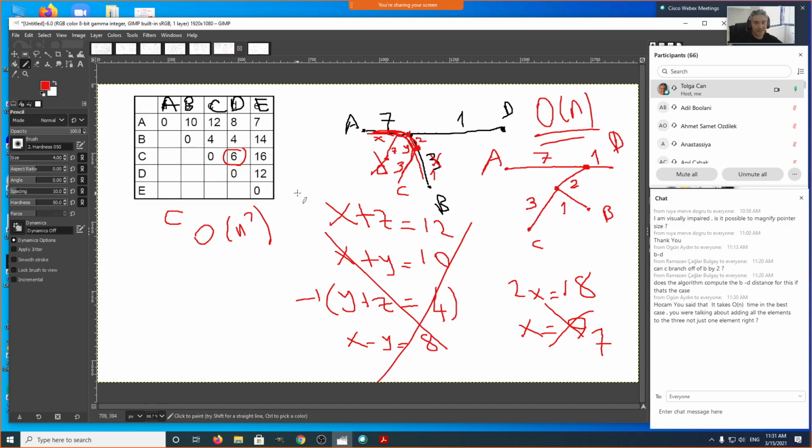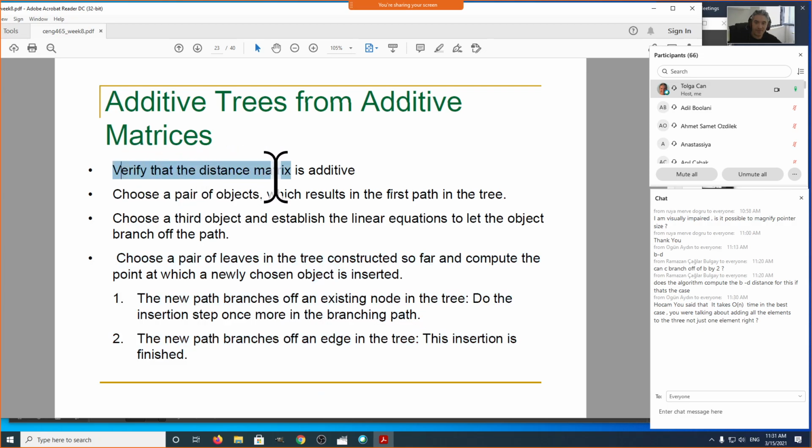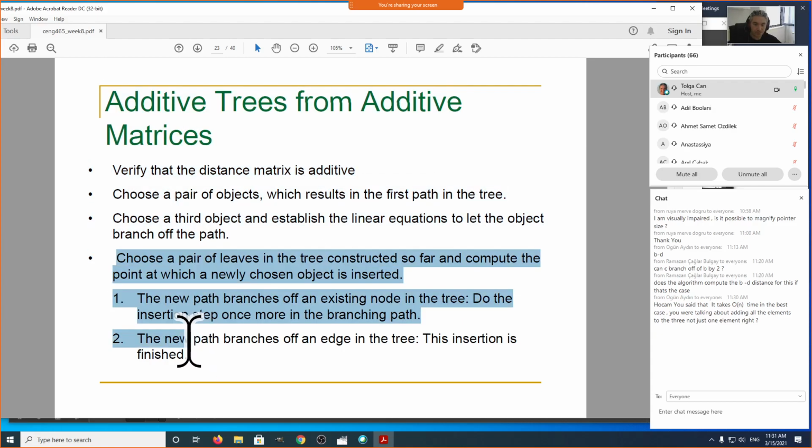I'm talking about the best case of this loop, when the first step is O(n) cube already. It's going to take O(n) time because for all the elements, not just one element.